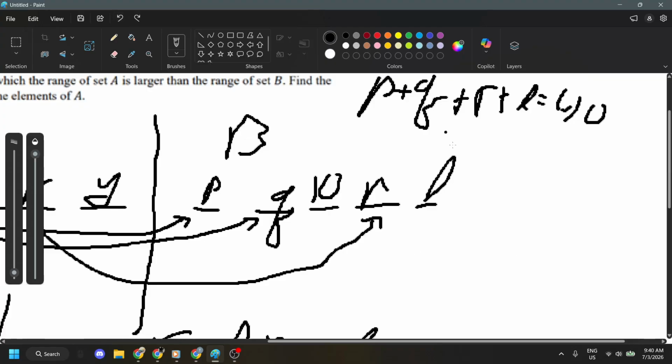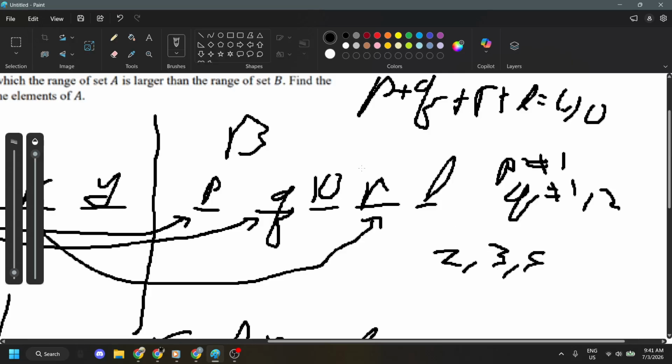So we know that P does not equal 1, Q does not equal 1 or 2. P is equal to 2 maybe. So we have 2, 3, 5. Or 2, 3, 10.